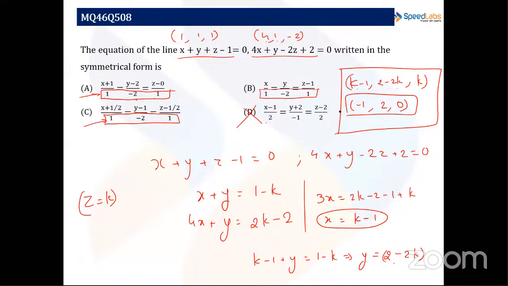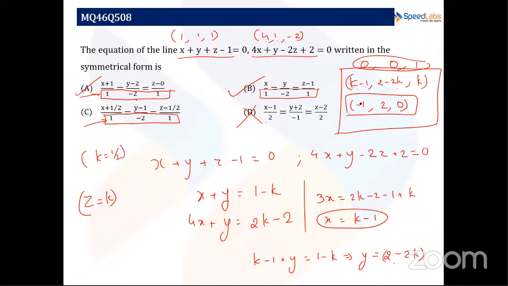Any line passing through these coordinates? Yeah, the first one. So answer A is correct. Putting k equals 1, we will get (0, 0, 1). Any line passing through these coordinates? Yeah, option B is correct. Now let's check for 1 by 2. So we have to put k equals 1 by 2.